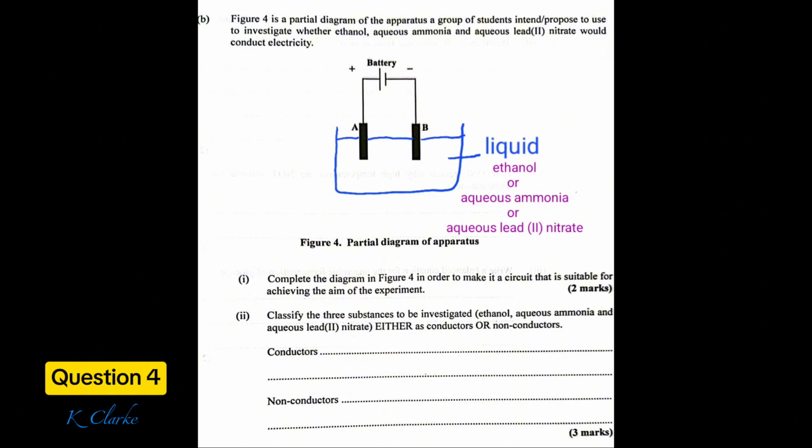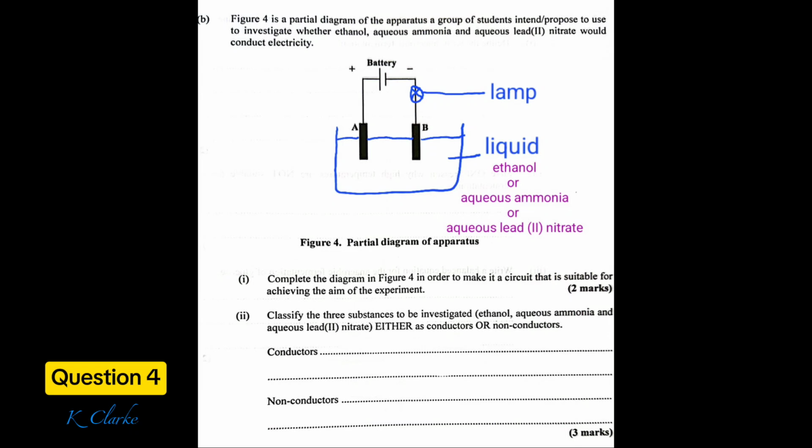And the third trial, aqueous lead-2 nitrate. Also, you're going to need a lamp, so we draw a lamp above the cathode. The lamp will shine, producing light energy if the liquid conducts electricity. That will give you 2 marks.